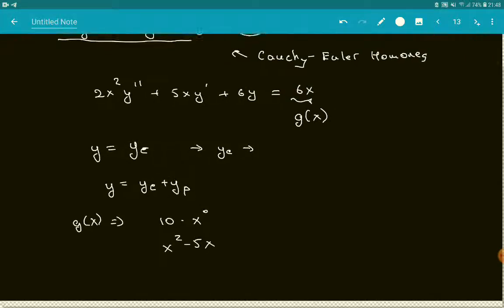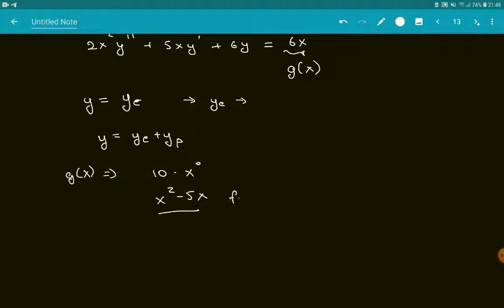It can be 5x, because it is only a function of x, which is written as g(x). Again, 15x minus 10 plus 3e to the power of negative x. This is a function of x. There is no y. It can be like this, 5x plus 3. It doesn't mean that it is not a function of x because there is x to the power of 0 here and 1 here. So it is totally fine.